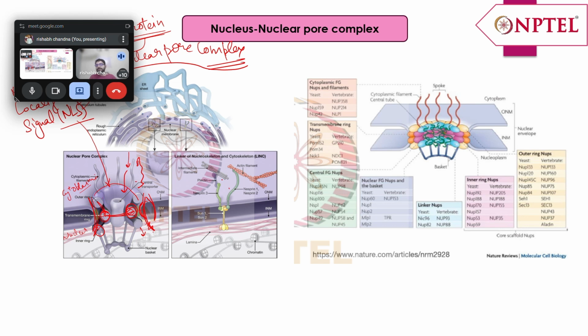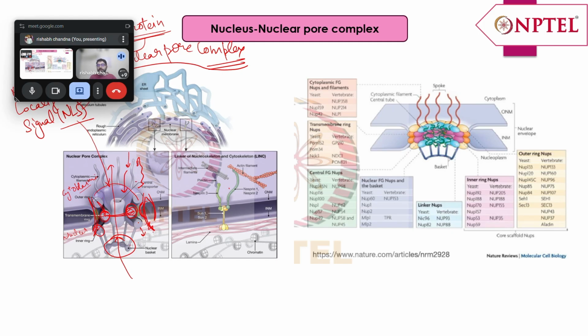So the nuclear basket also plays a similar role. The proteins or the RNA that need to be secreted out of the nucleus need to first come in contact with this nuclear basket, and then it will actually lead the way out.